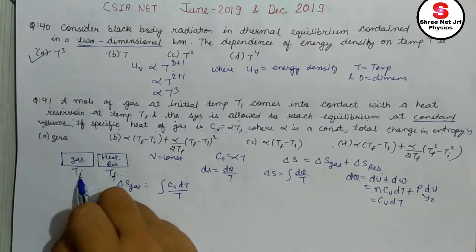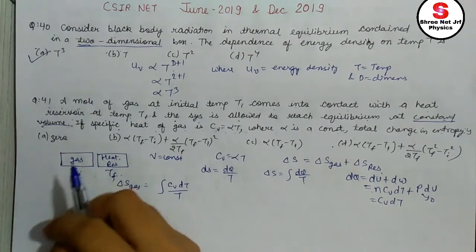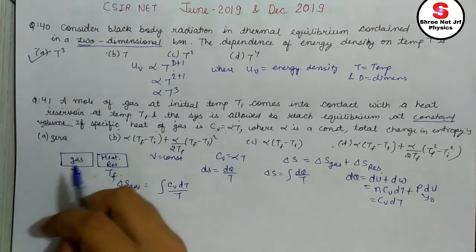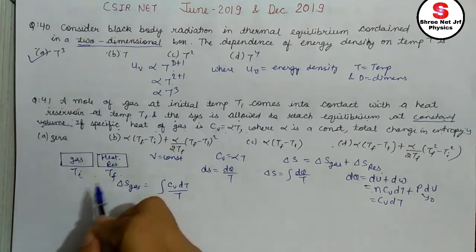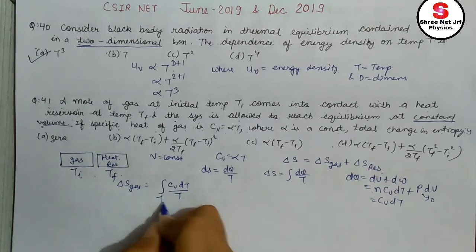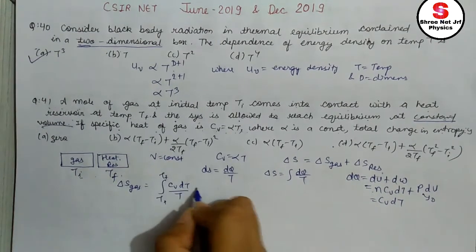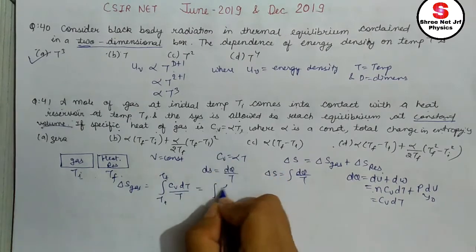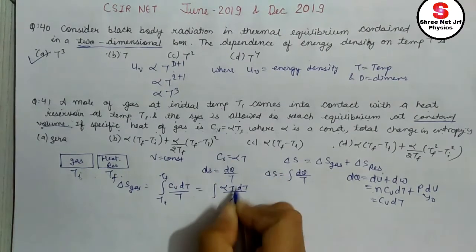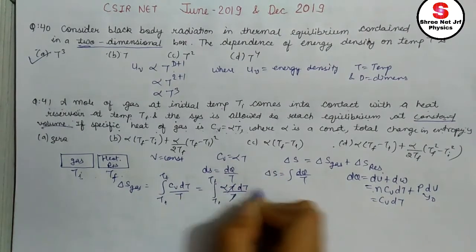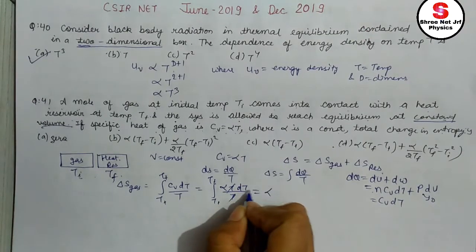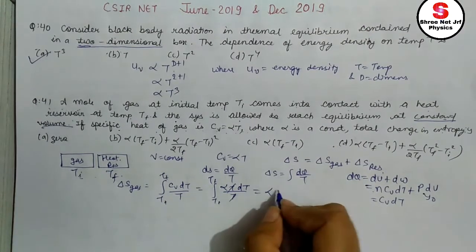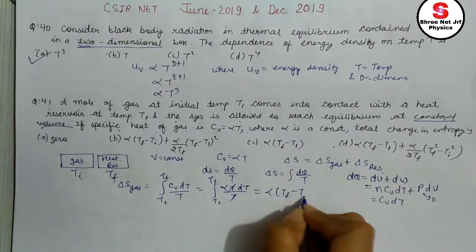That means the gas at Ti will absorb some amount of heat and will reach the final temperature Tf. So here the limit is Ti to Tf. Okay, the integral, with Cv equals alpha T, dT divided by T, the T cancels, Ti to Tf, equals alpha times the integration of dT, which is T. When we substitute the limits, we get Tf minus Ti.